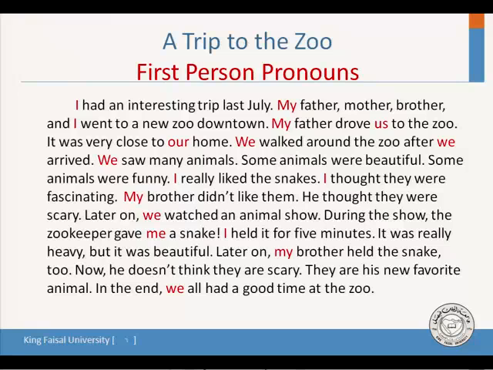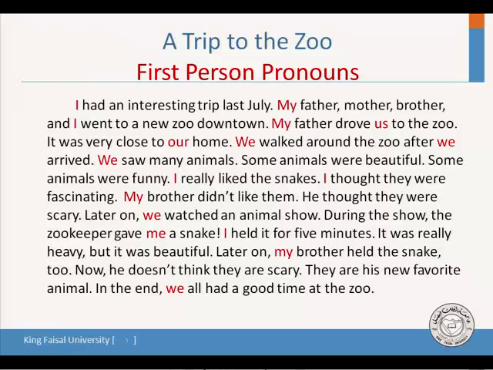We went to a new zoo downtown. My father drove us, my mother, my brother and I, us, to the zoo. He drove us. It, the zoo, was very close to our home. Our home. Notice the first person pronouns.